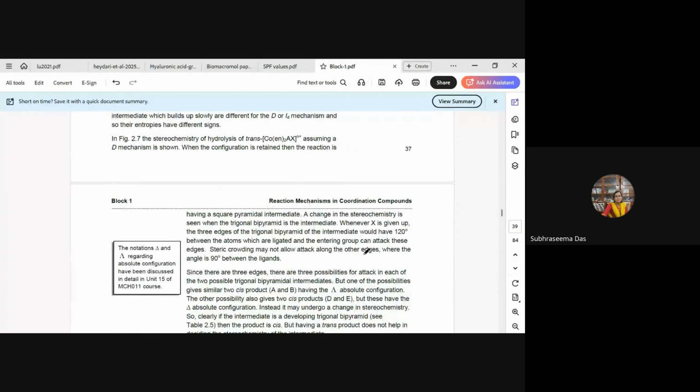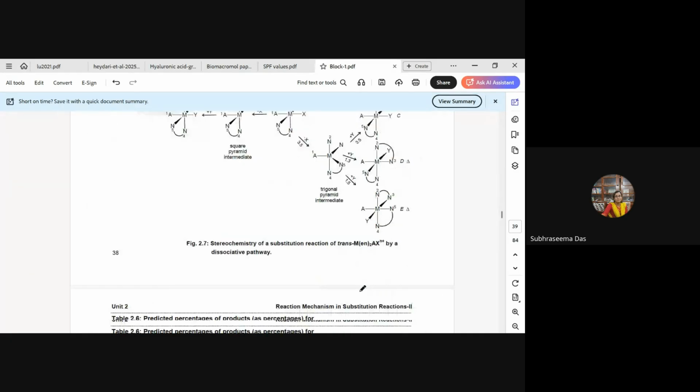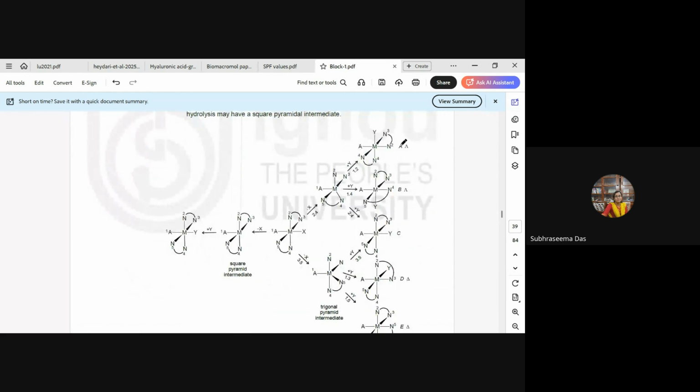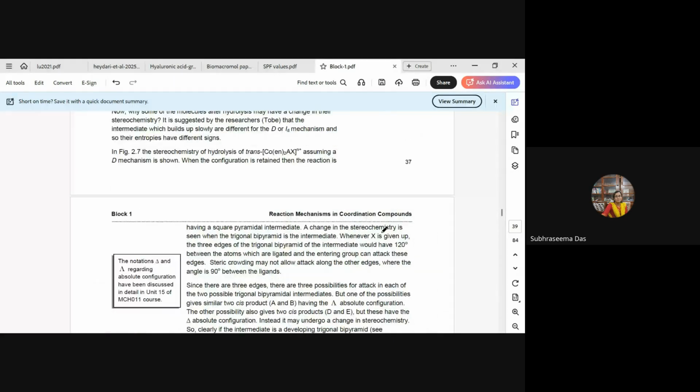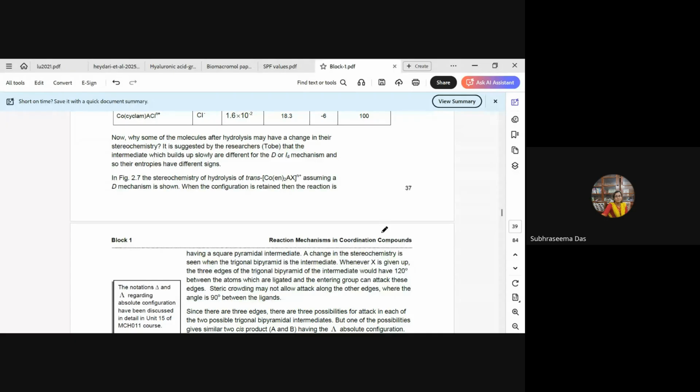In figure 2.7, the stereochemistry of hydrolysis of trans Co(en)2AX has been shown. This is the stereochemistry of a substitution reaction of trans M(en)2X by the dissociative pathway. The whole pathway is shown in this reaction, and it assumes a D mechanism.